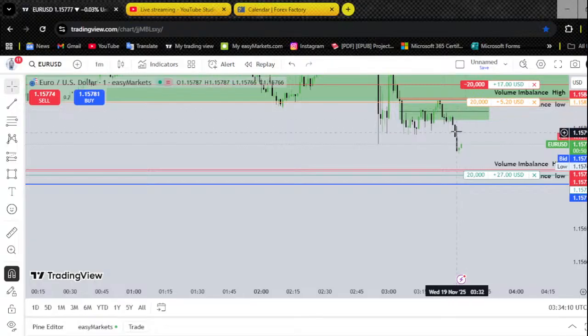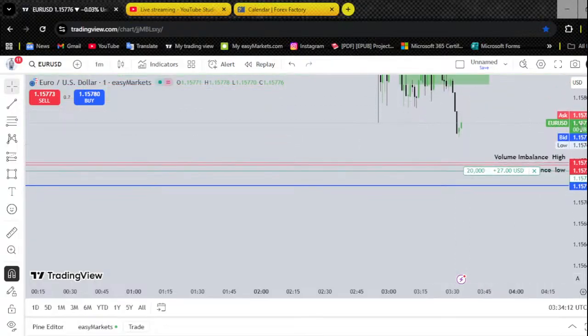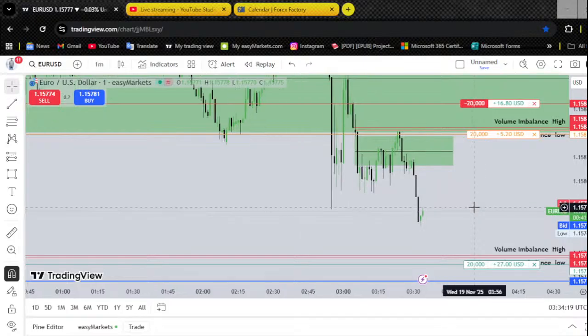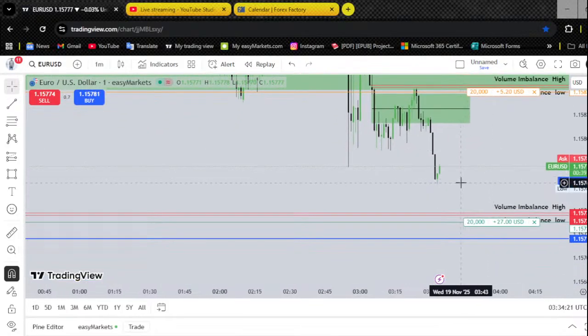And this one should be treated as a breakaway gap. This one, a breakaway gap here. So at the moment, I'm watching this fair value gap.